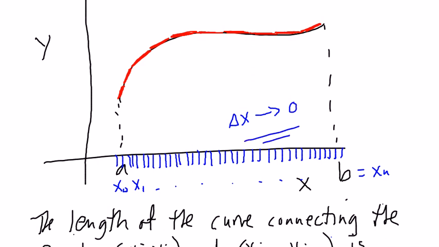Alright, so let's see what the implications of this are. Our L is approximately equal to the sum, i going from 0 to n minus 1, of Li.